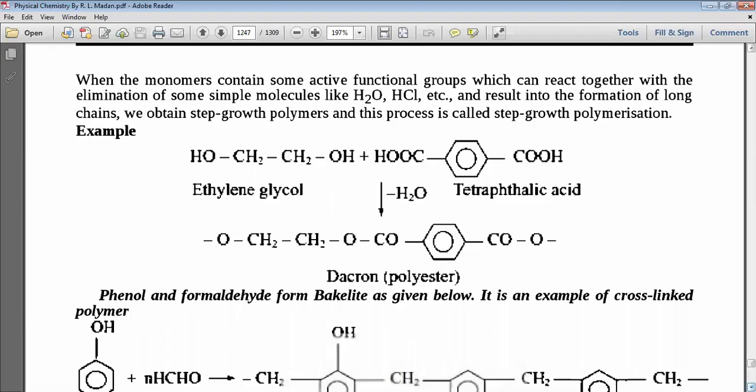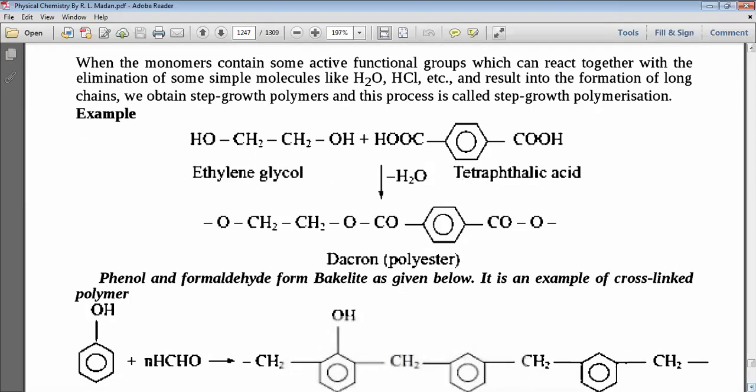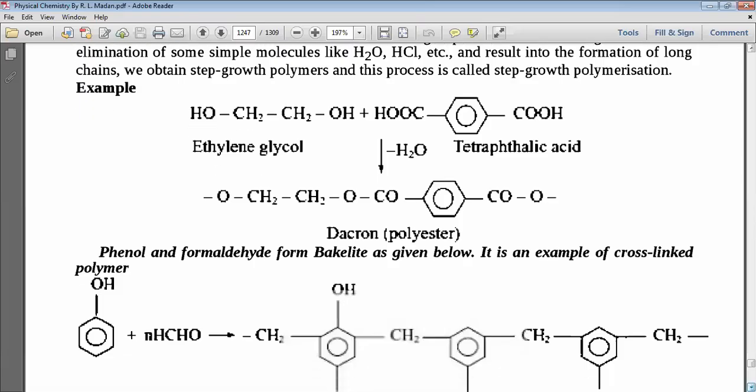I have already discussed ethylene glycol and terephthalic acid. The reaction of ethylene glycol and terephthalic acid, after elimination of a water molecule, gives Dacron or polyester.